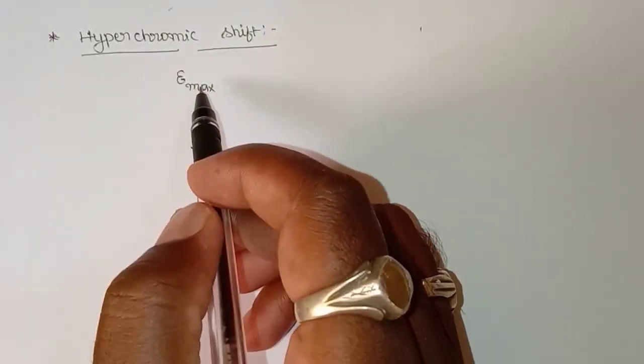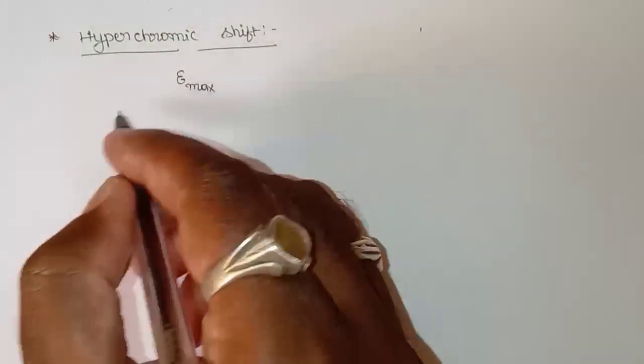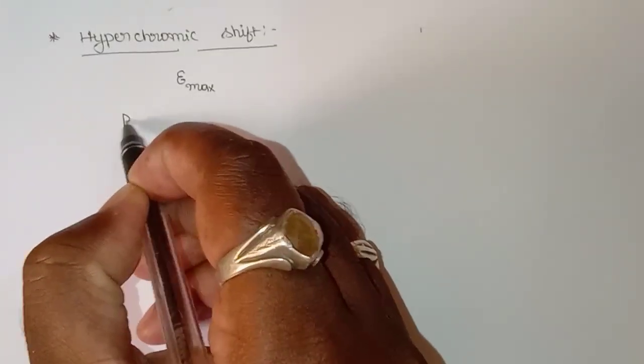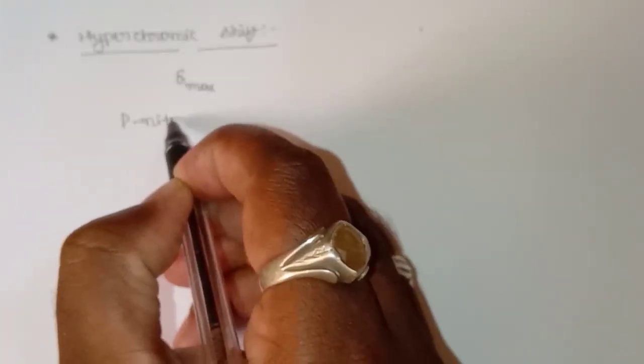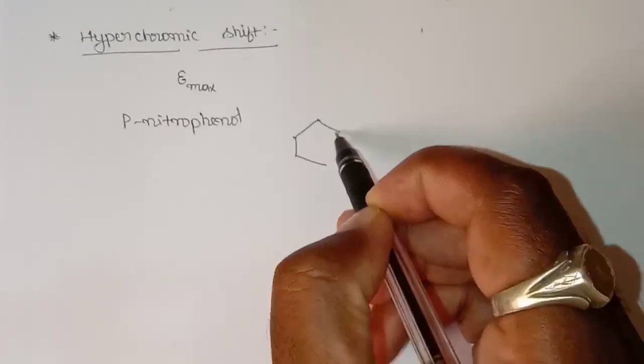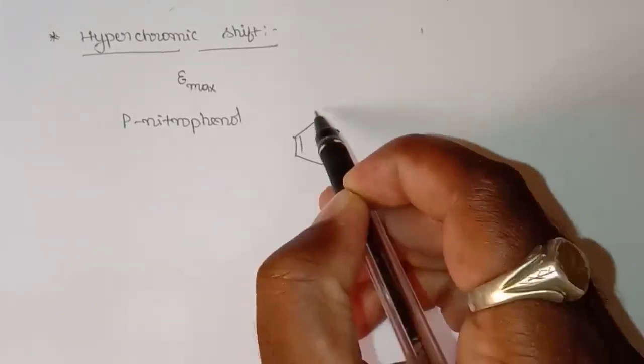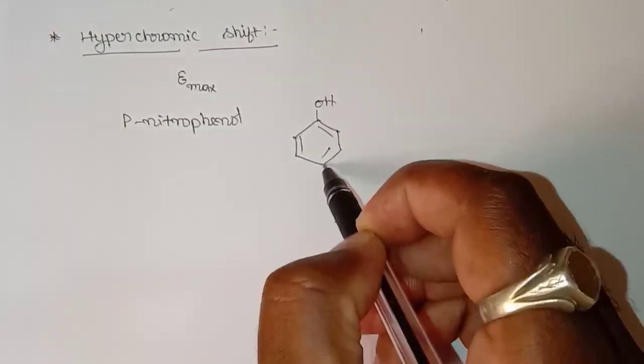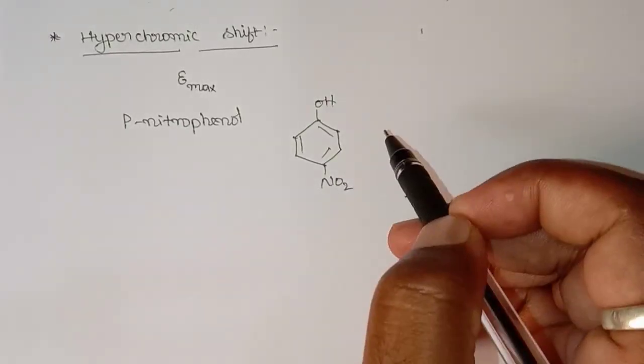A hyperchromic shift can be observed with paranitrophenol. Here we have phenol as the auxochrome, with the nitro group at the para position.